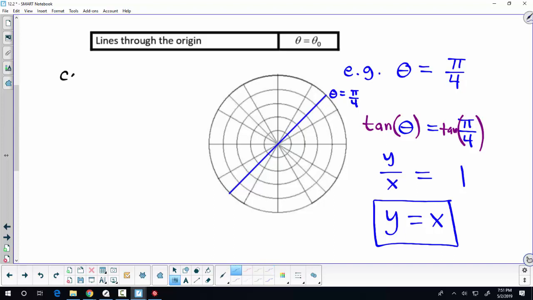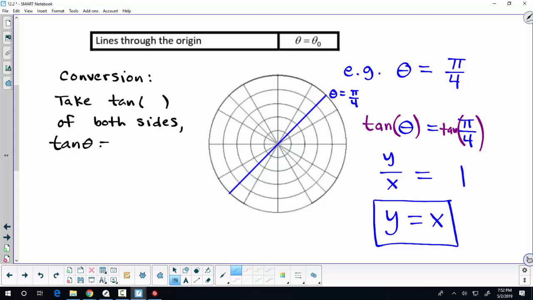So our conversion: take the tangent of both sides. Tangent of theta we write as y over x. Compute the value of tangent theta naught and solve for y.